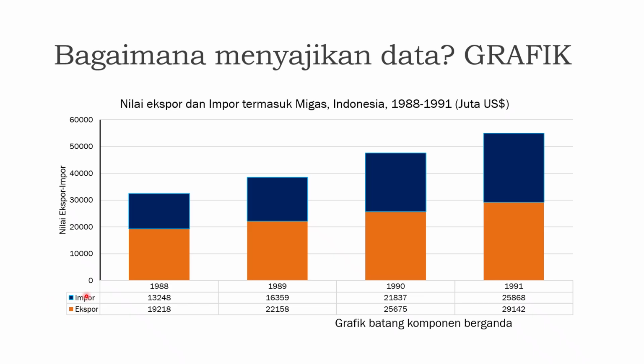And for example, here you have two components, that is import and export. And the benefit of this type of bar chart is that you can see directly the total of import and export. And as an alternative, you can also display the tabulated data directly in this position.